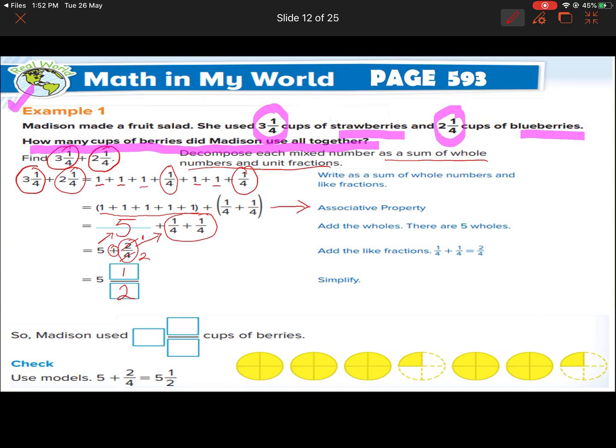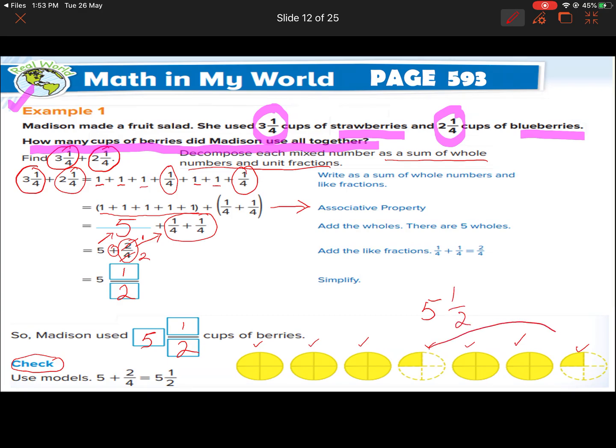So Madison used 5 wholes and a half cups of berries. We can check this by the fraction models. See, 1, 2, 3, 4, 5 wholes and 1/4 and 1/4 become half.